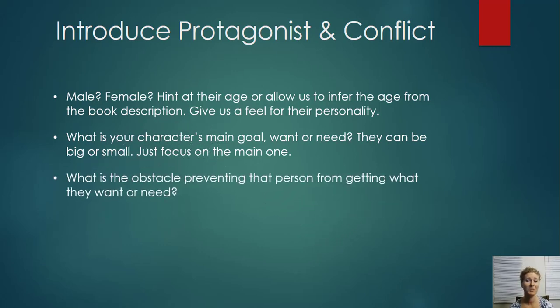And then, of course, you want to introduce that conflict or that obstacle that's preventing the person from getting what they want or what they need. So, for example, someone could be living a life that is easy and comfortable and carefree, and all they want to do is keep it that way. They don't want change, but then something happens to change their life drastically.